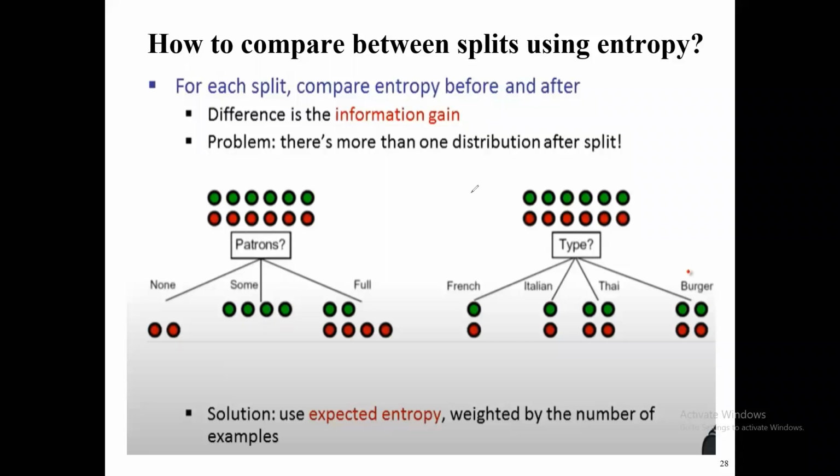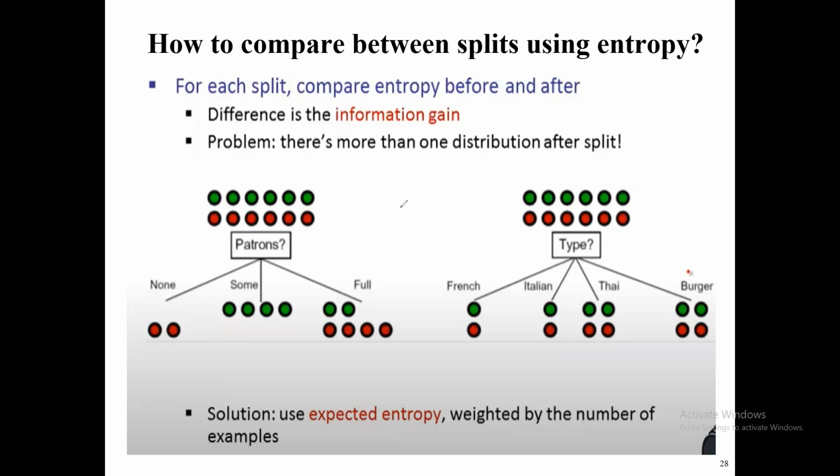We now know how to calculate the entropy of a single distribution. However, there is a problem here which we need to solve. If you remember, we need to actually compare the entropy value of several different attributes.